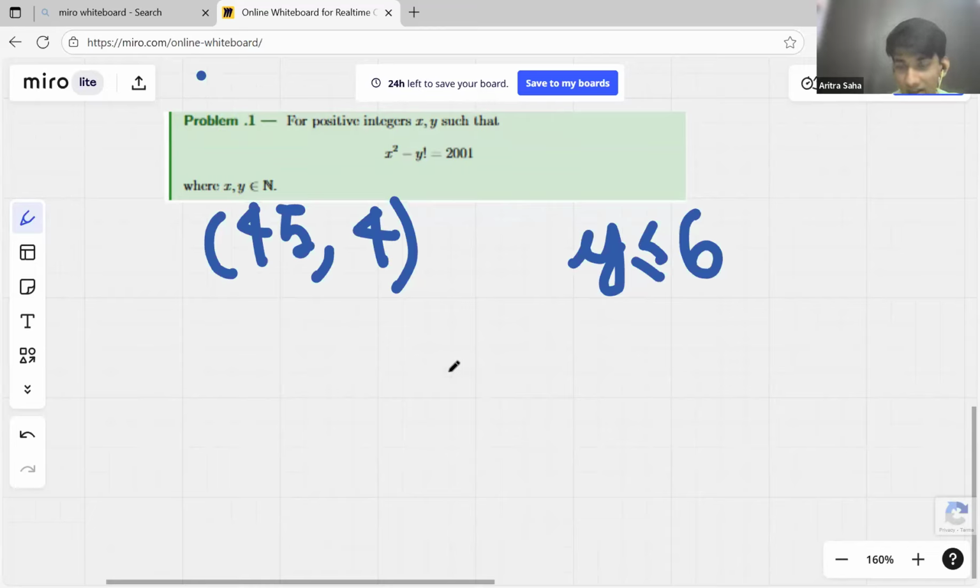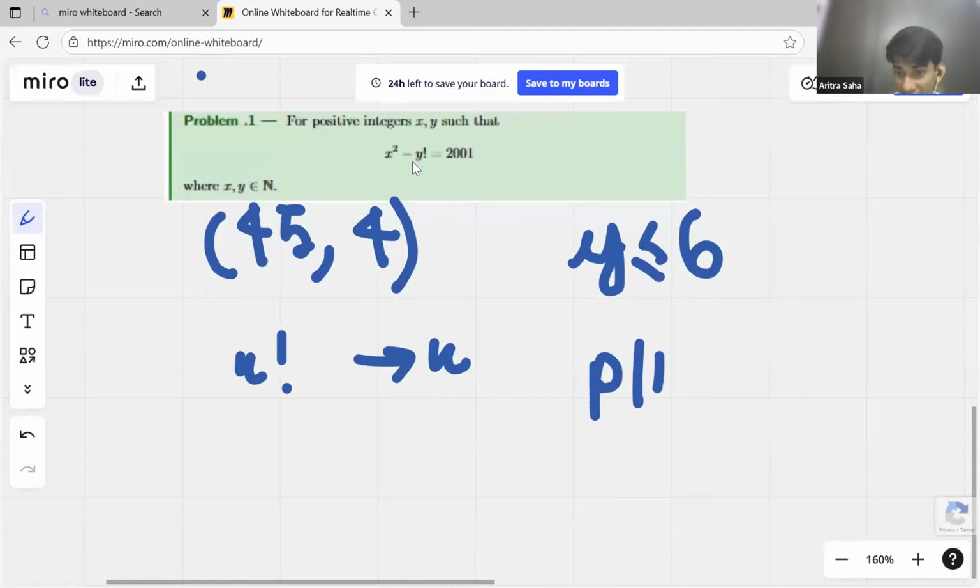There is another way to see the contradiction: say y is greater than or equal to 7. It's a thing with factorials. If you make y large enough, you can use any prime p modulo, and you can make p divide y! for y greater than or equal to p.